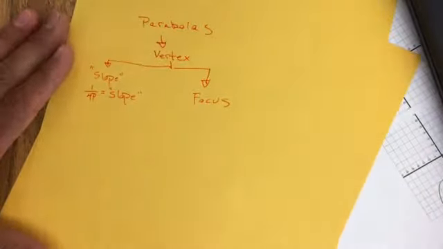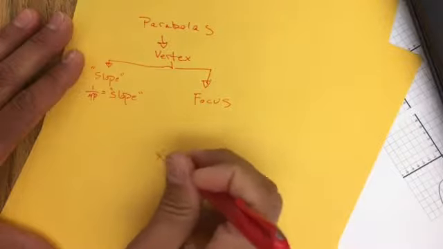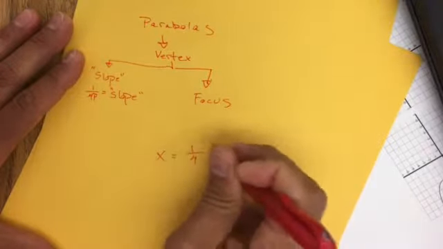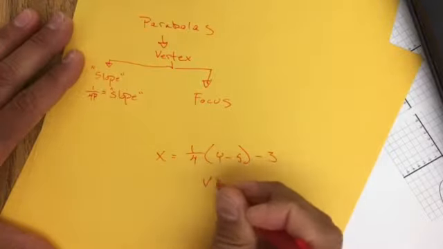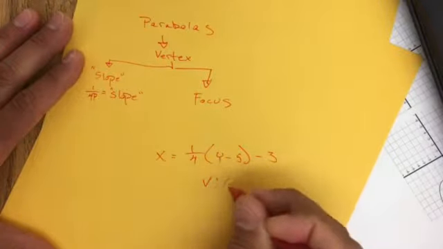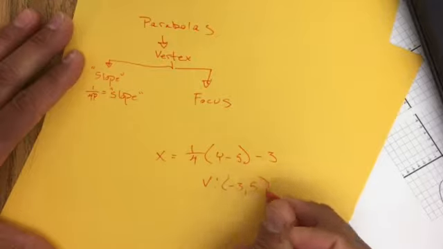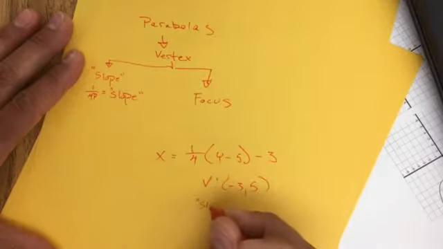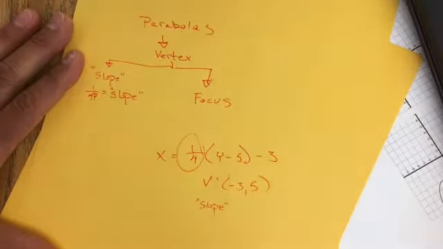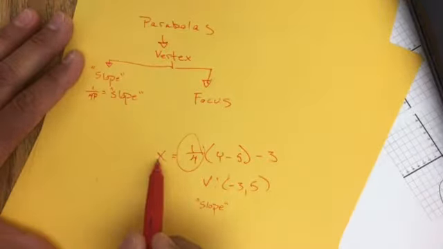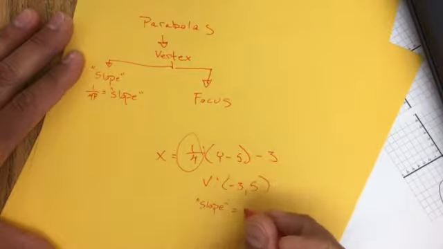So when I'm graphing it, if I have something that tells me x equals 1/4 (y minus 5) minus 3, I'm going to do the vertex, which is negative 3, 5. The slope just comes from this value right here, but because this is horizontal, I'm going to actually flip it.